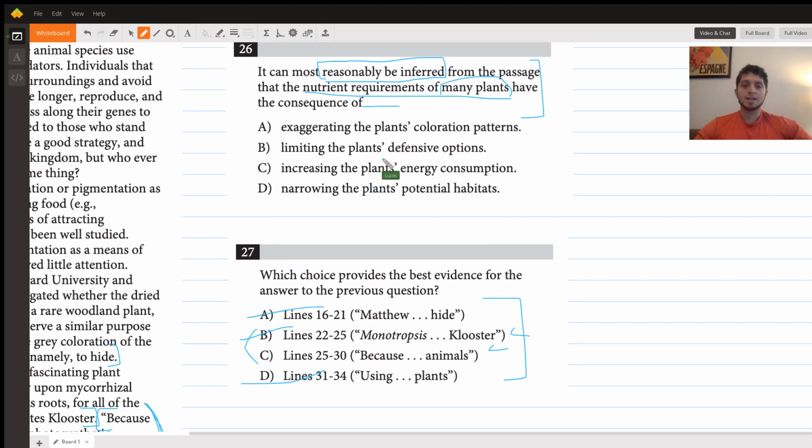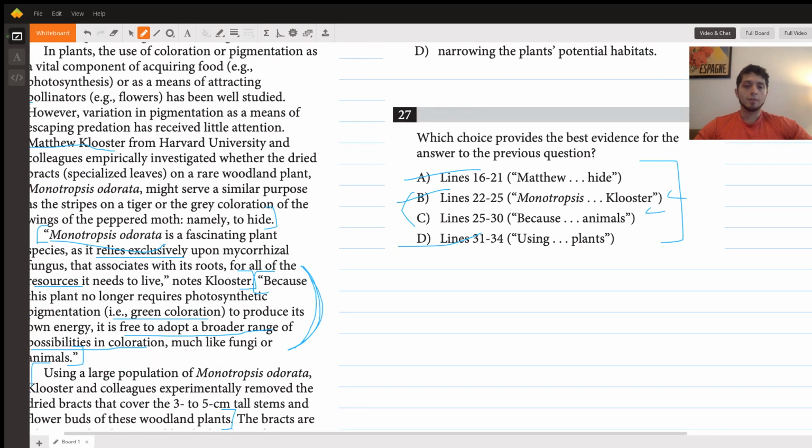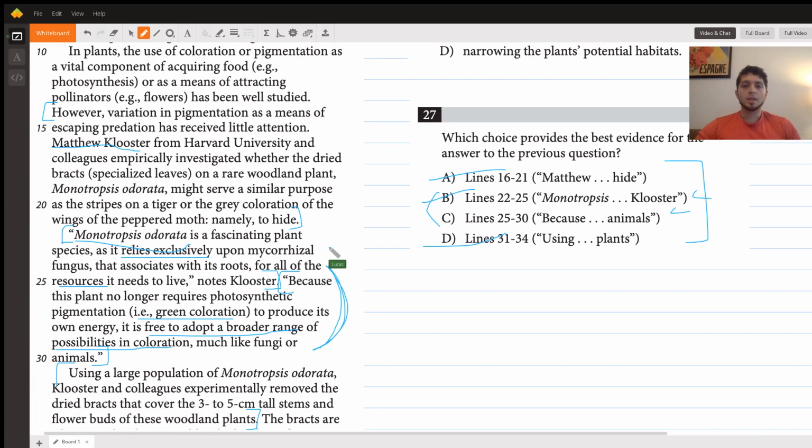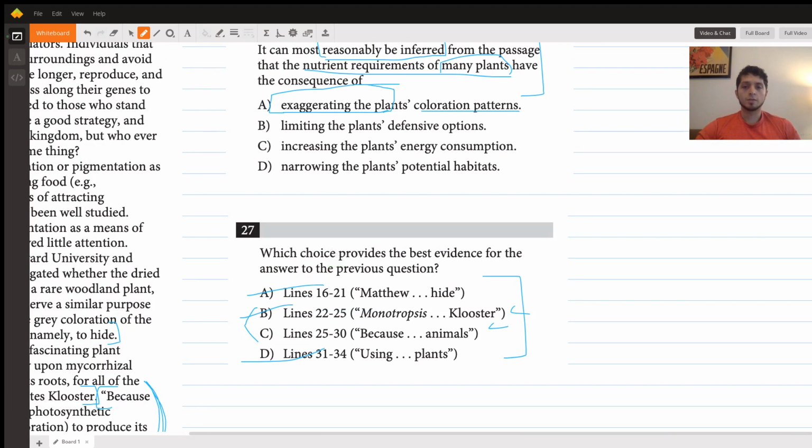So A says exaggerating the plant's coloration patterns. So this is about the other plants' coloration patterns. However, the passage doesn't really say that it's going to be exaggerating, right? That if you have the photosynthetic pigmentation or a green color, that you're going to have exaggerated coloration patterns. All it means is that you're going to have a more narrow range of possible patterns. So I would get rid of A.